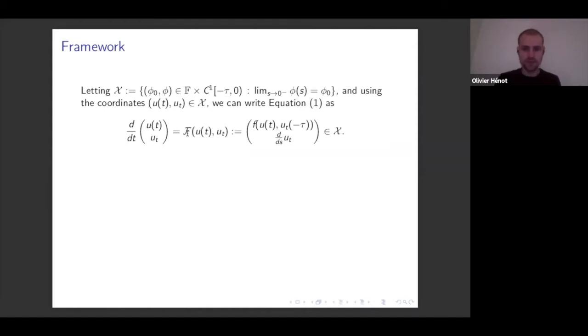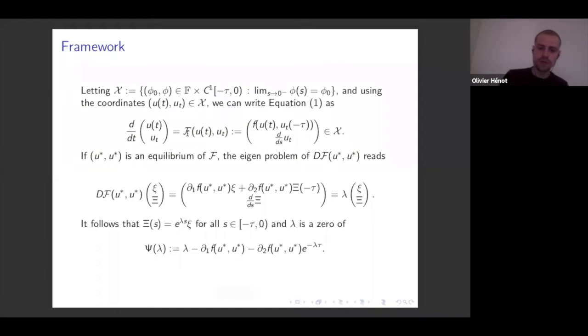Now that we have our vector field, we can look at equilibria. If we have an equilibrium of this vector field, then for the eigenproblem, we take the Fréchet derivative of f and evaluate it at the equilibrium, and we get this term here. There's nothing very complicated here.